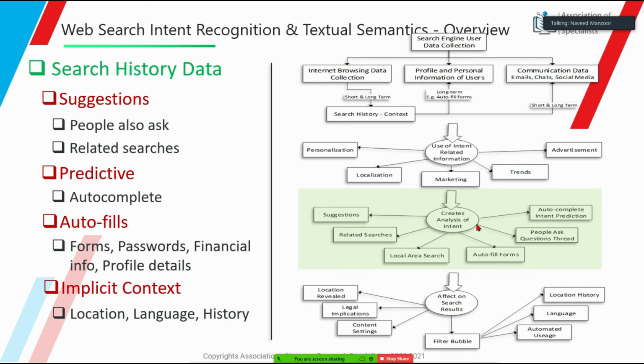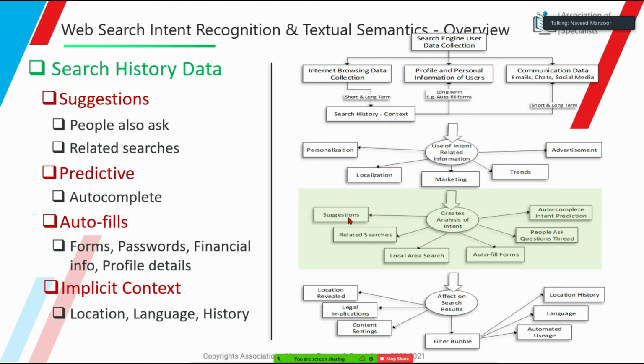Then we have another set which transfers the intelligence collected in the first two layers into actionable knowledge, which means now the search engine, in the layer that you see right here, which is highlighted, is saying how it is going to help the user.